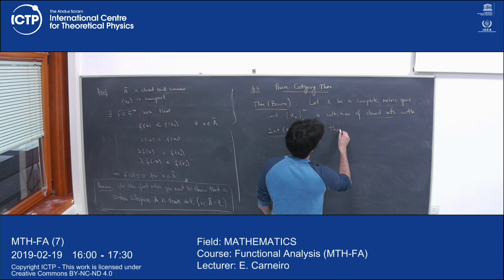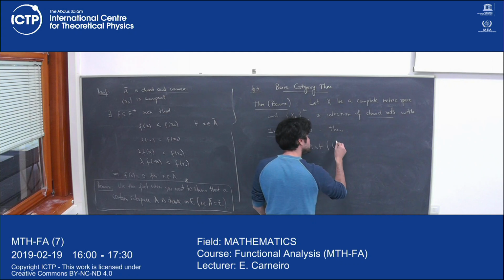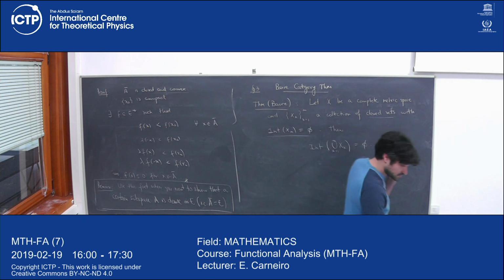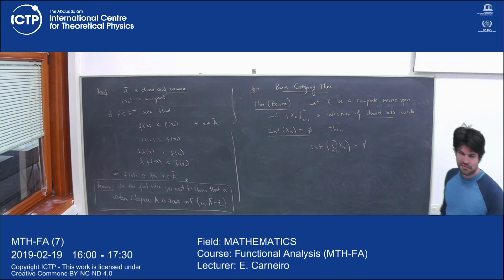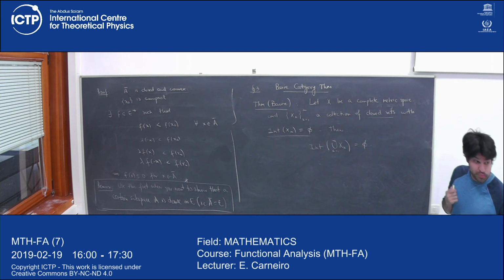And the conclusion of the theorem is that the interior of the union of these sets is still empty. Okay? So it has to be a countable collection of closed sets with empty interior.